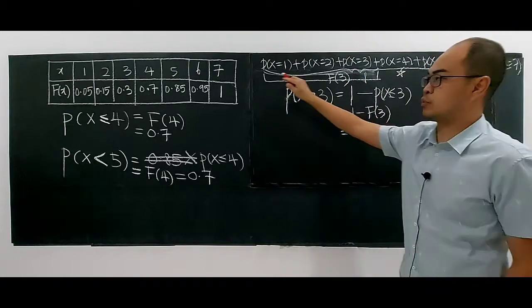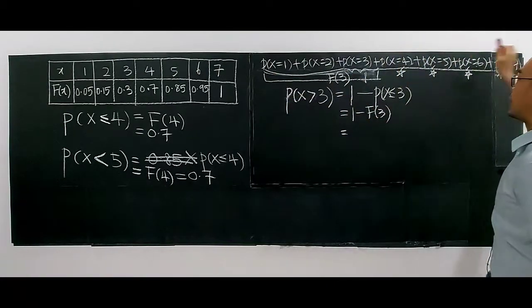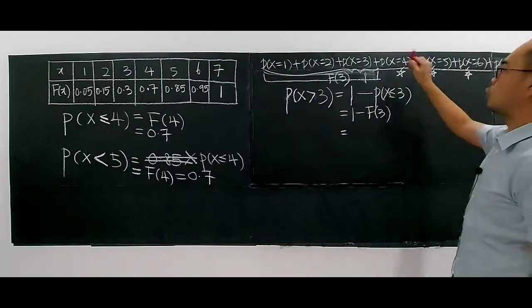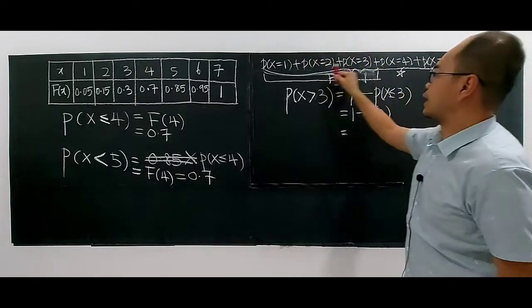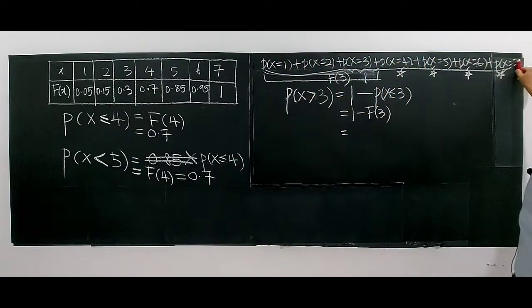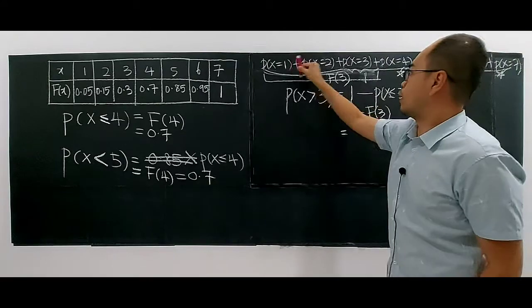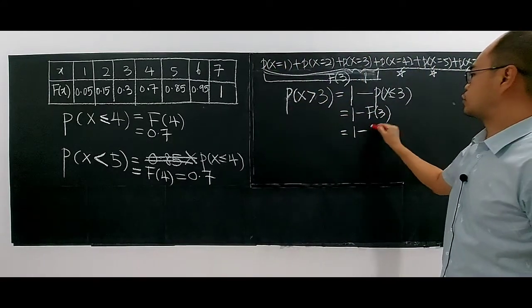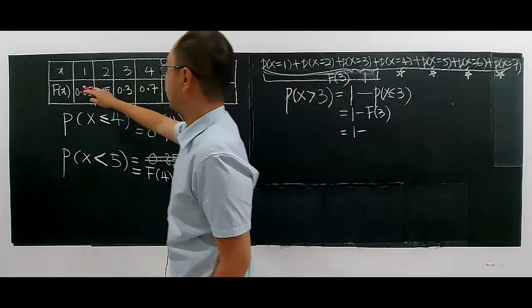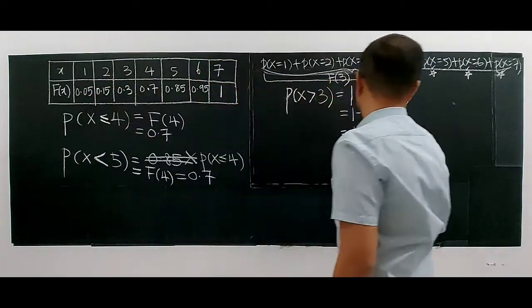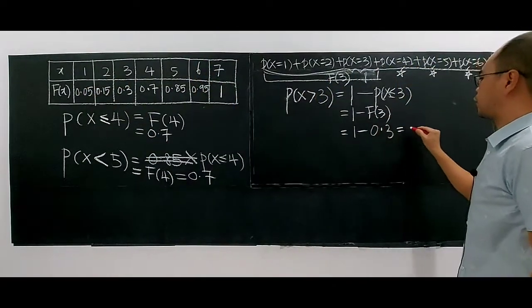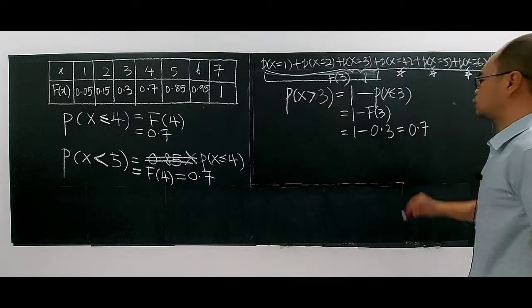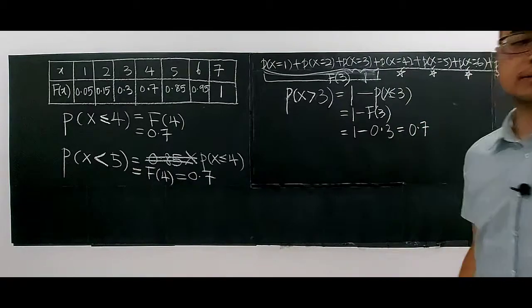You can understand it this way: you want 4, 5, 6, 7 but you don't want 1, 2 and 3. So you take everything, sum up to 1, minus away the part that is 3 or less, which is F3. You can take F3 from the table here. F3 will be 0.3, so it will be 0.7 for this case. I will give you more examples for you to understand.